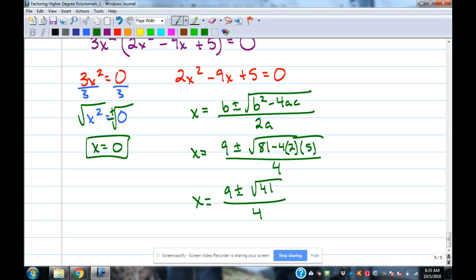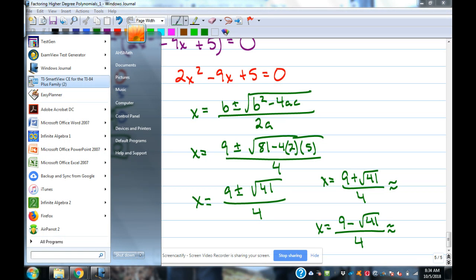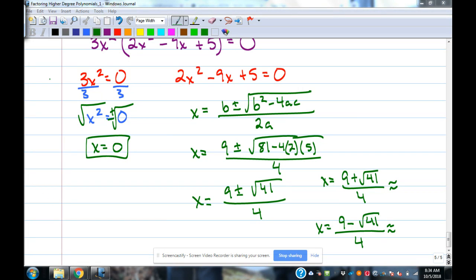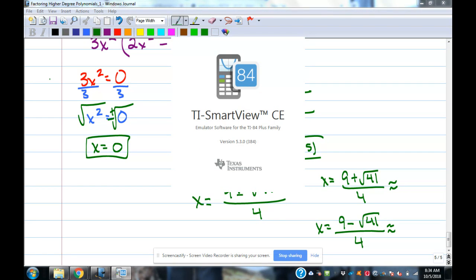That's my exact solutions. What's the decimal approximation for those? Nine plus the square root of 41, and then divide that answer by 4. Okay, so with that, the quadratic solution set right there.